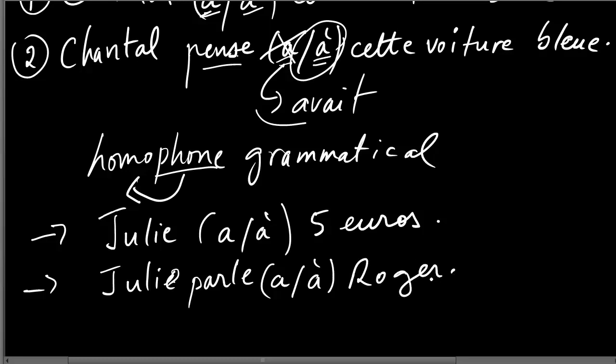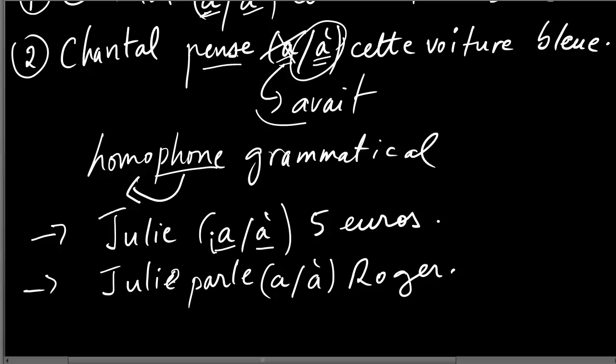Okay, all right. So tell me, look at these two sentences and tell me which are you going to use. Julie a without any accent, or Julie à with an accent?